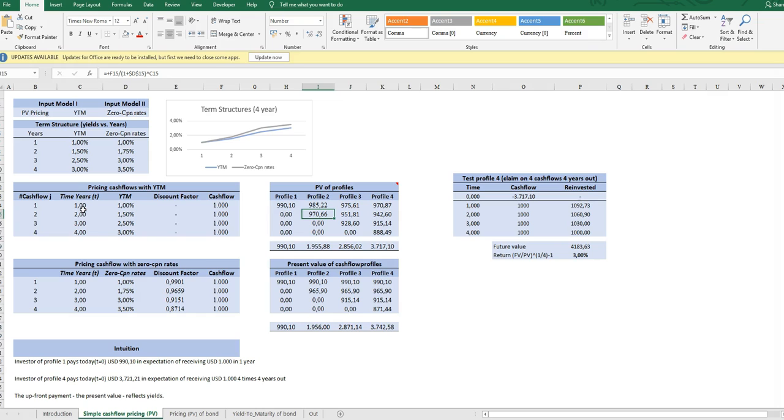The yield to maturity is a fixed yield that is used to discount the entire cash flows of the bond or the product that we're looking at. So here, for instance, profile 2 is looking for a product with maturity of 2.